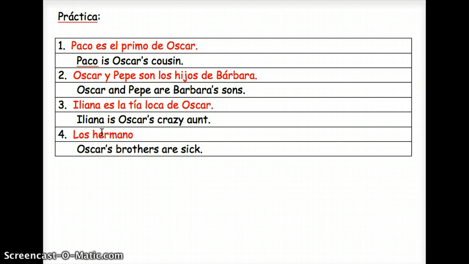Los hermanos de Oscar, being sick, that's a physical condition, están enfermos.